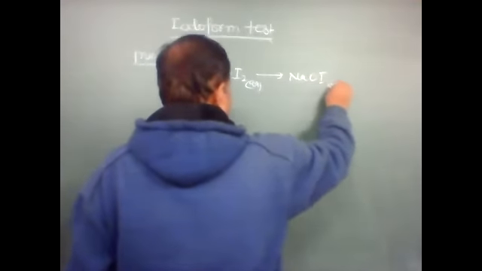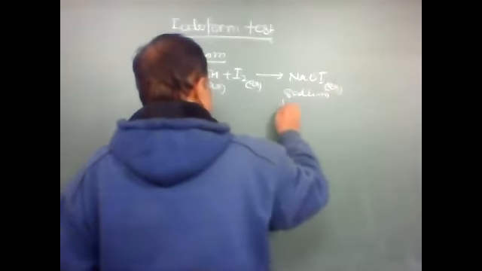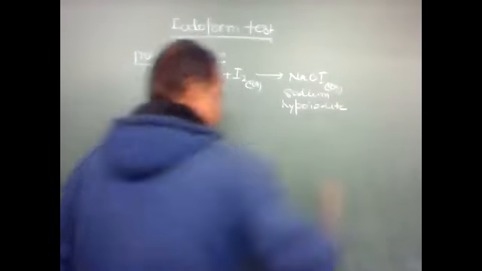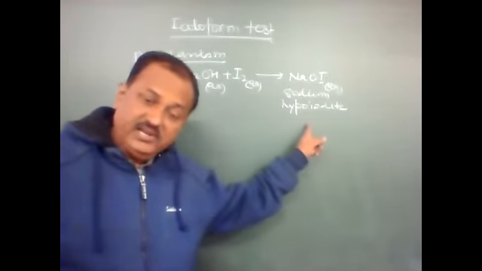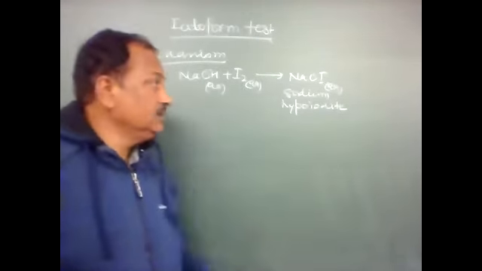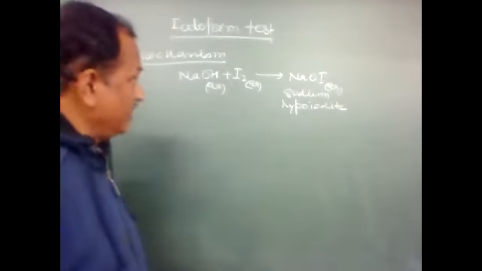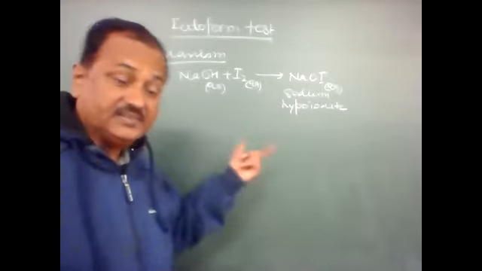There is formation of sodium hypoiodide, NaOI. This is the first starting step. It is not part of the mechanism, but we have to write this if it is asked.